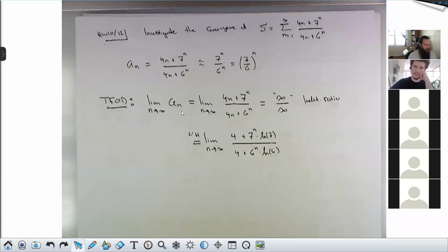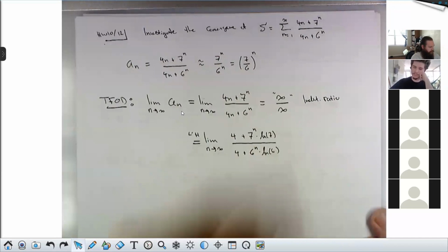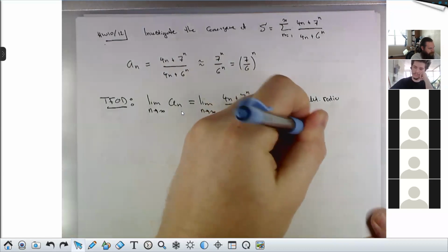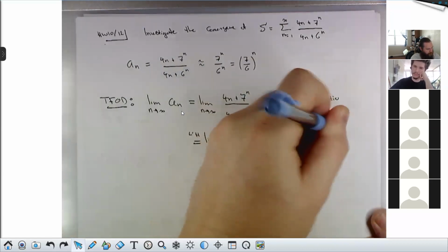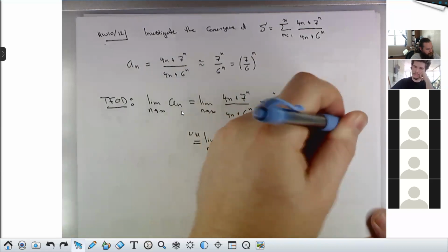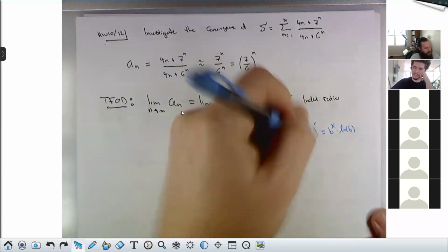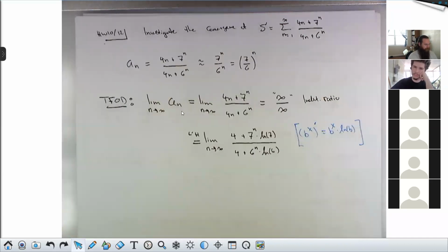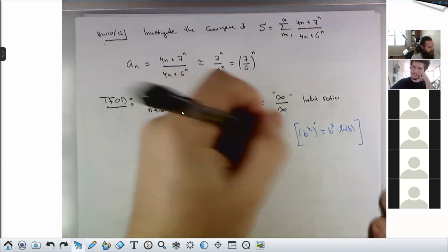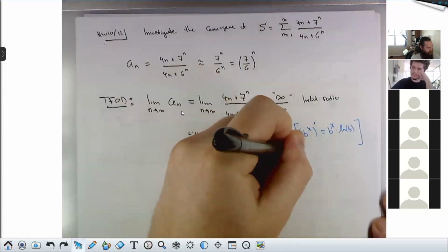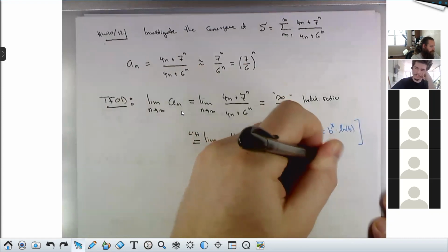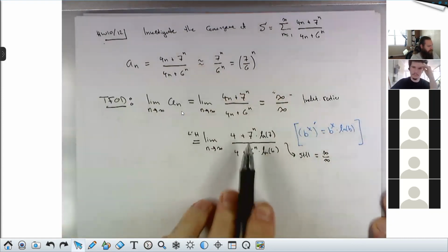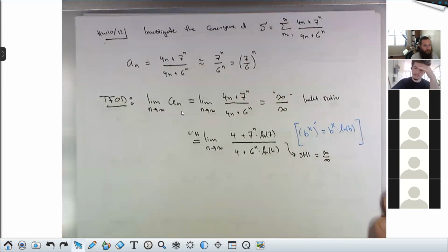This is coming from a differentiation formula that we saw on Tuesday also, that b to the x primed is b to the x times the natural log of b. Now this still looks like infinity over infinity, because 7 to the n and 6 to the n both go to infinity.